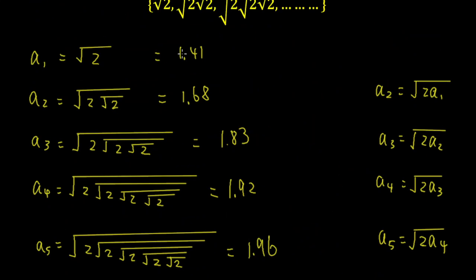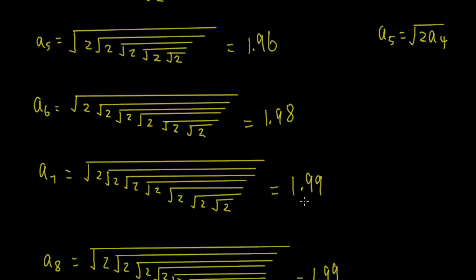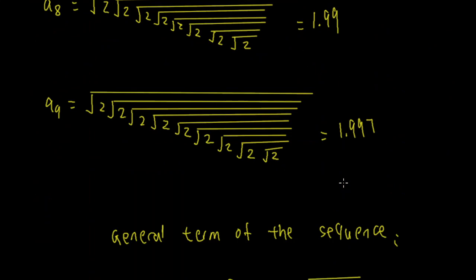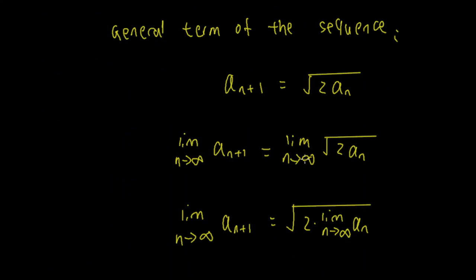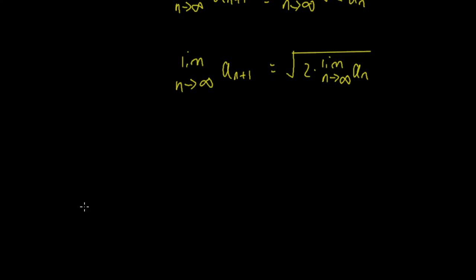Now, looking at this sequence here, right? The values of the sequence seem to be increasing, but they are also approaching 2, right? As you can see in the last few terms here, it's approaching 2. So I would say this.